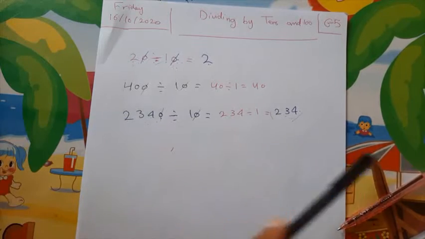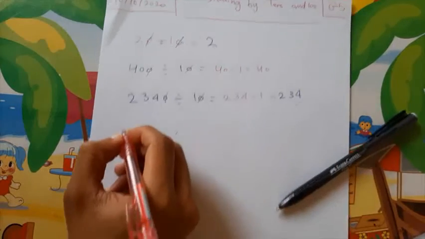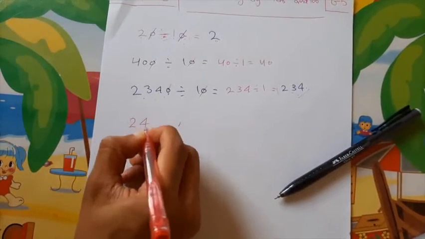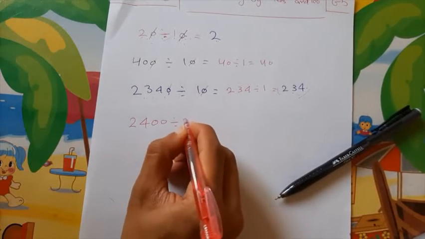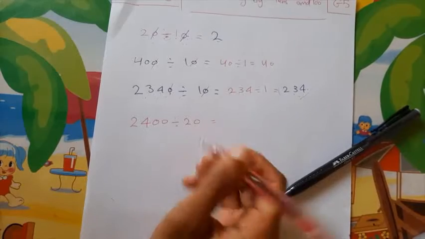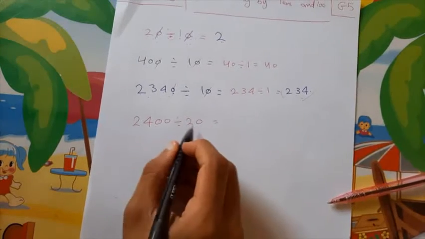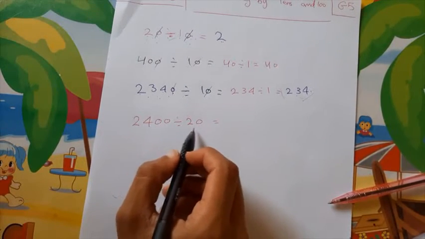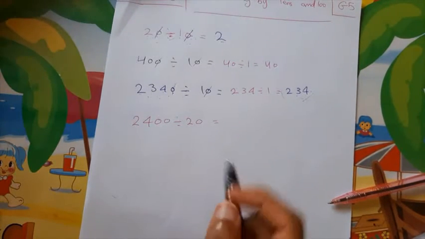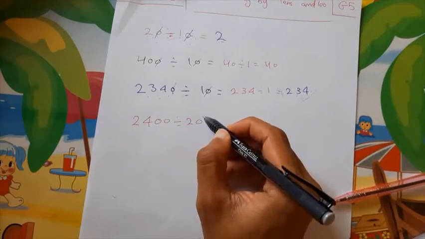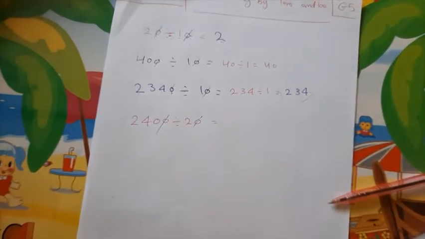Okay, what about 2400 divided by 20? This time the number is divided by 20, not 10. You have to focus on this. So what is the answer? First, let's remove the zeros. We have one 0 goes with one 0.